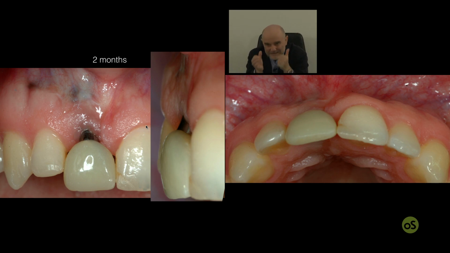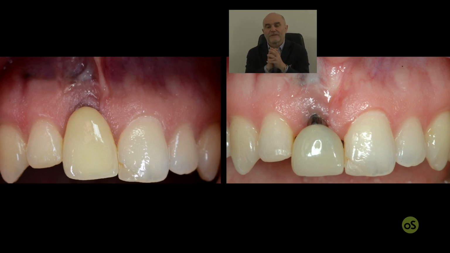Because the connective tissue graft must be placed more coronal than the soft tissue margin of the ancient tooth, and your flap should be placed even more coronal to protect and to cover your connective tissue for the rest of the patient's life. So the amount of coronal advancement is reduced, but you must not think this is enough. Otherwise, you will experience graft exposure, and if you experience graft exposure, you will not finalize with the right soft tissue thickness at the level of the soft tissue margin of your implant-supported crown.